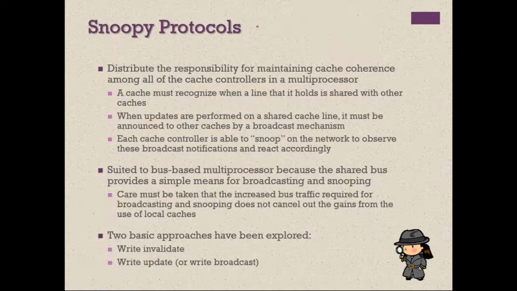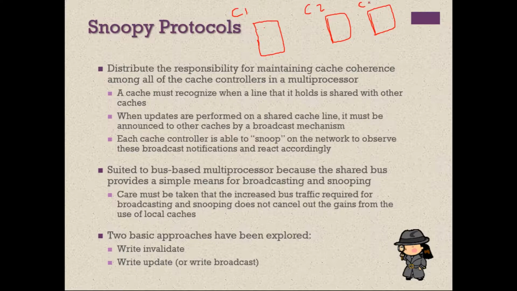Say, for a simple case, let us assume there are 3 caches, cache 1, cache 2 and cache 3. Say in each of the caches there are 3 lines. This is C1, cache 1 in processor 1, this is cache 2 in processor 2, this is cache 3 in processor 3. The first line of cache 1 is shared.